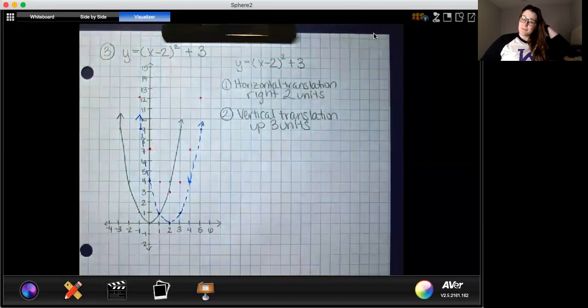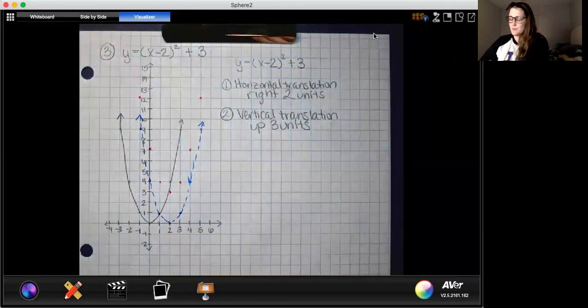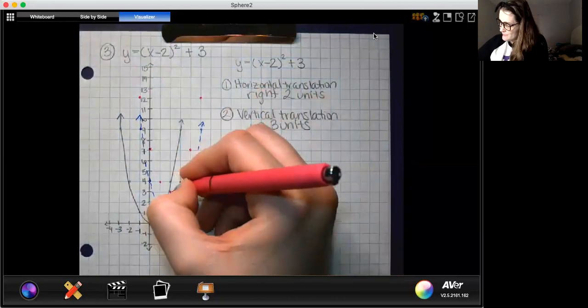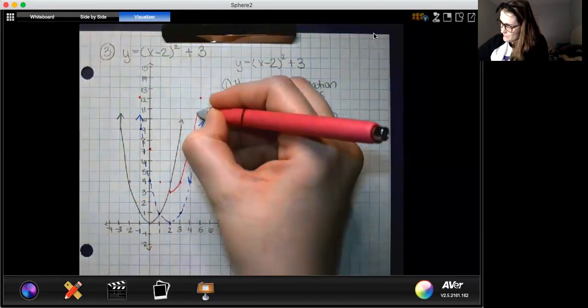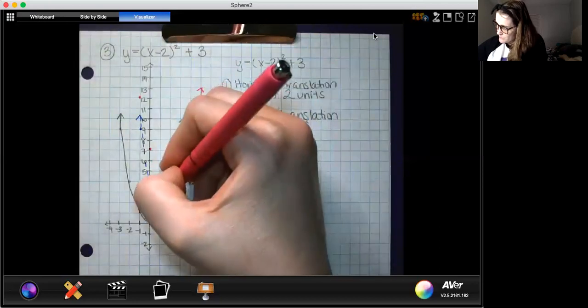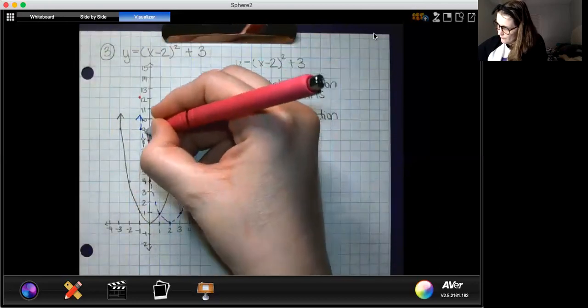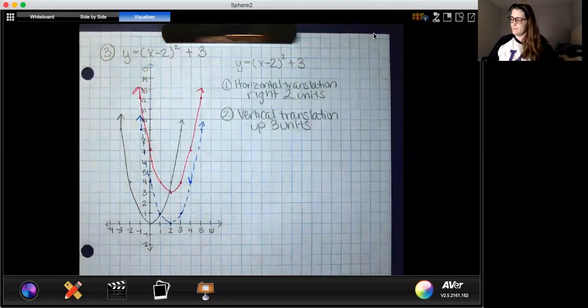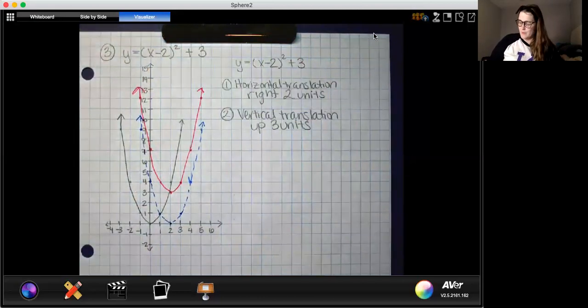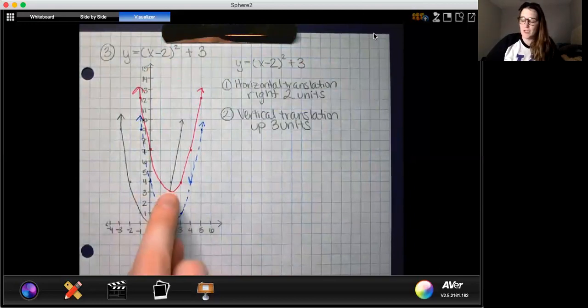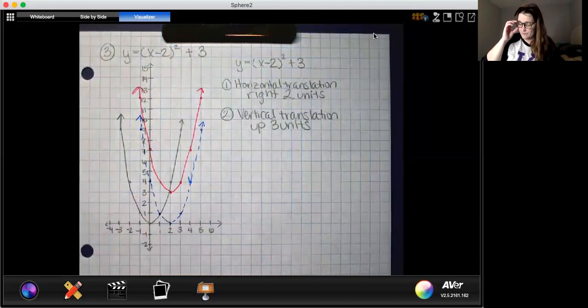And now, because that is my last transformation, I will now make this one a solid line. Okay. On the next example, we will start making the parent function in a dashed line as well so that we can clearly indicate that the solid line is our last one.